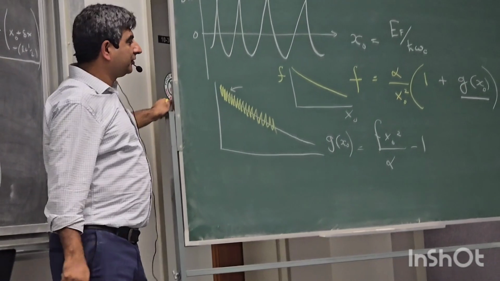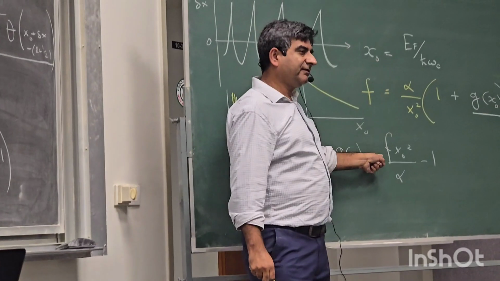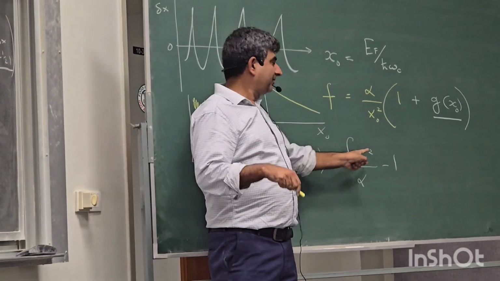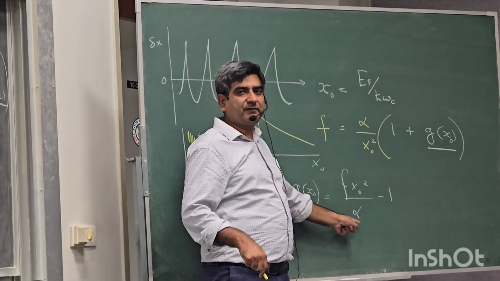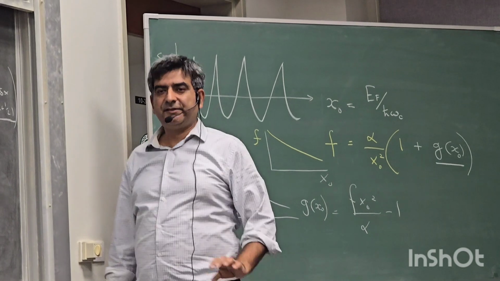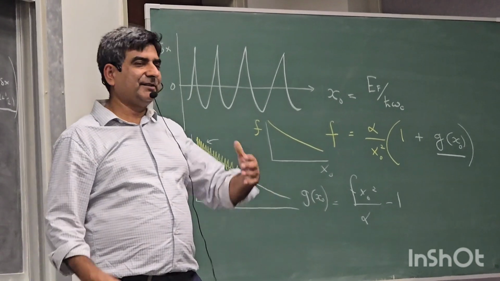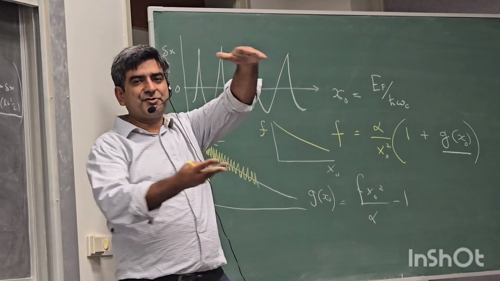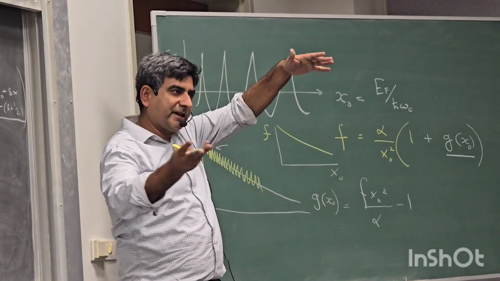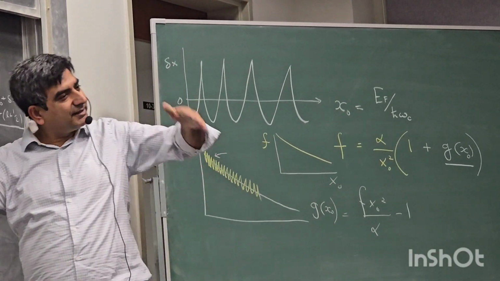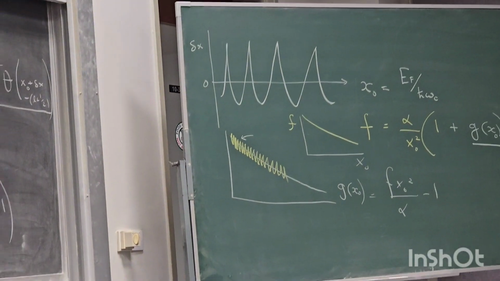oscillation. So now I'm going to make a plot of f that we've already obtained, x naught squared divided by alpha minus 1, and see what the g(x)'s look like. Now this is not going to be a unit amplitude, constant amplitude function, it's going to be a decaying function itself. So let's plot this decaying function, this g(x naught).